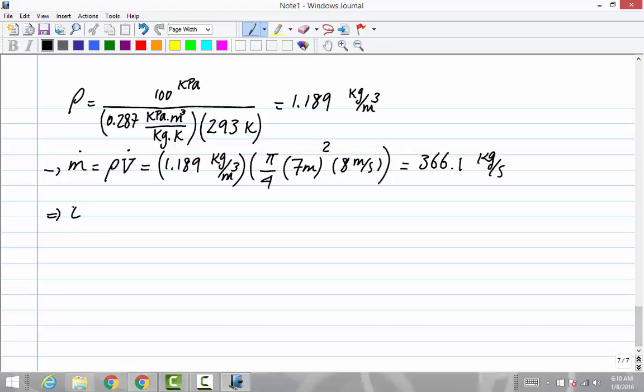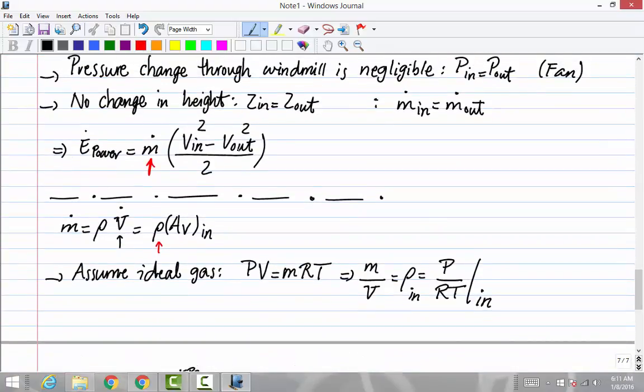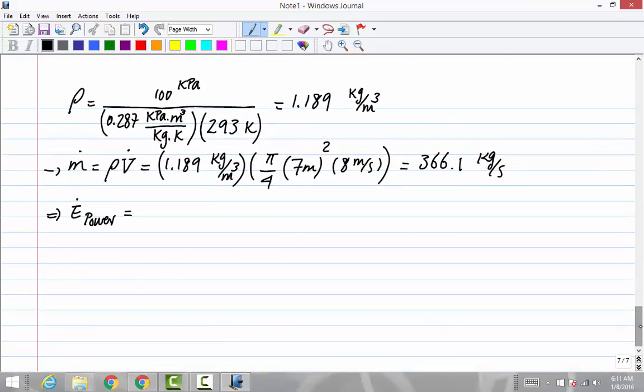We are almost finished. I'm sorry, this one was a long lecture. Now let me show you this equation again. E dot power equals m dot times those velocities. So I'm going to put everything in there: 366.1 times, hurry up, times 8.